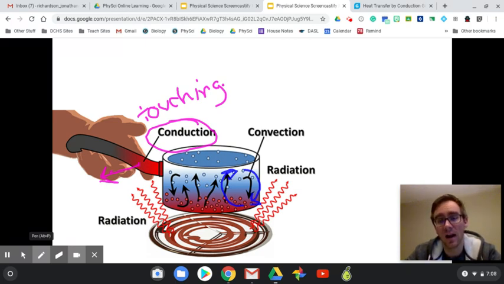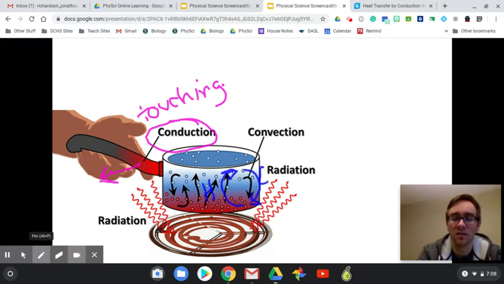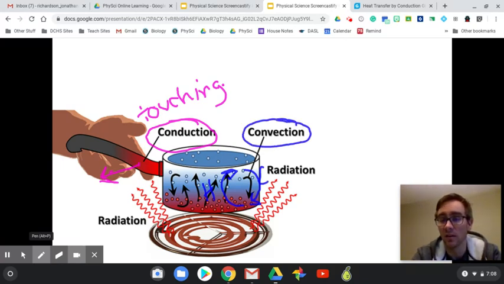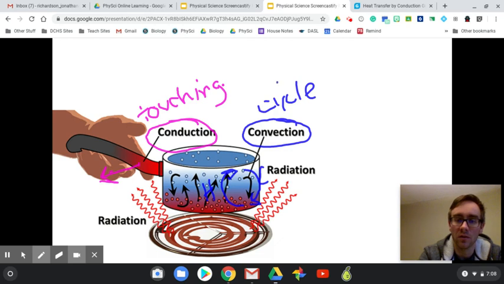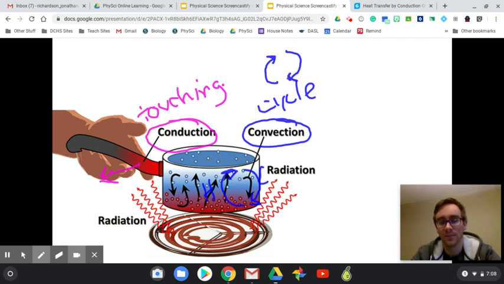It's because in your house, the hot, high-energy air rises, and the lower energy air sinks. This is what we call a convection cycle. It's only in liquids and gases, where the higher energy goes up and lower energy goes down.